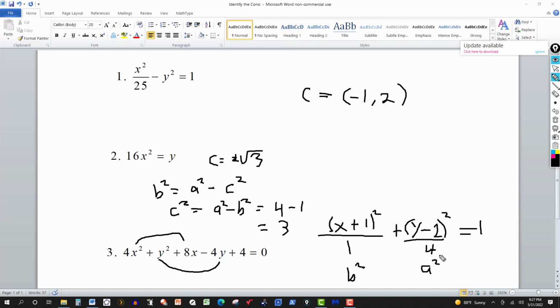And again, because the larger number, or a squared, is under the expression with a y, we have a vertical ellipse. So the vertices will be obtained by taking the center and adding the a to the y value, or the 2.